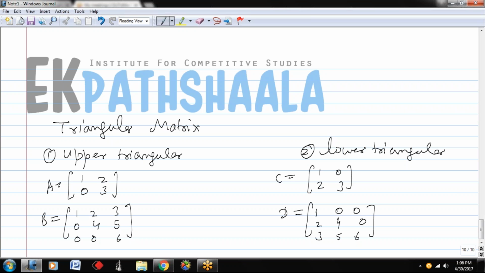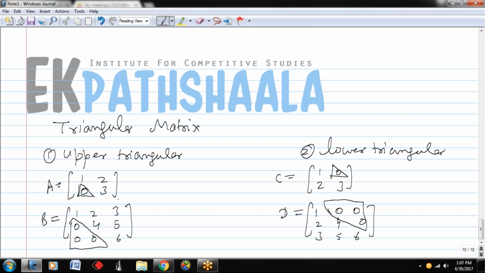What did you observe? Sir, in the upper triangular, the elements below the diagonal are 0. Absolutely right. So you can see that in upper triangular the elements below the principal diagonal are 0, whereas in lower triangular the elements above the principal diagonal are 0.